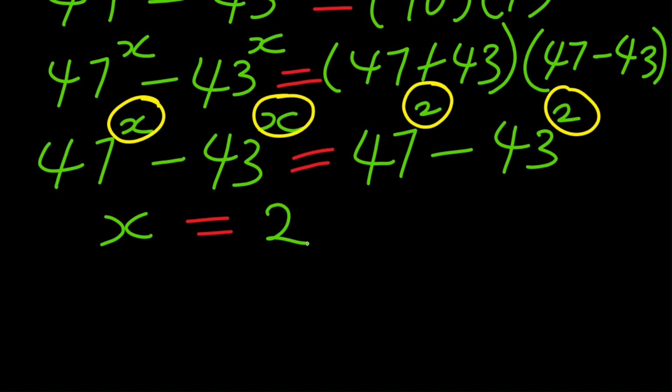Therefore, x equal to 2 satisfies the equation 47 to the power of x minus 43 to the power of x equal to 360.